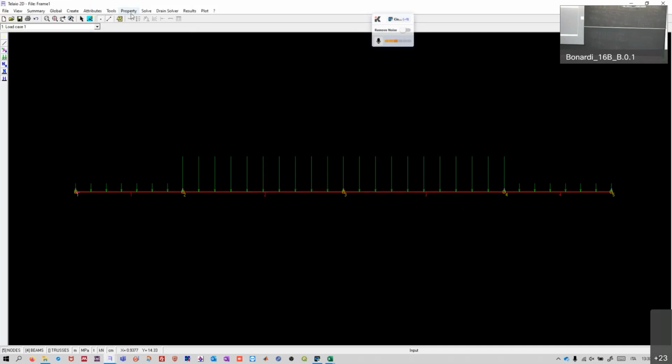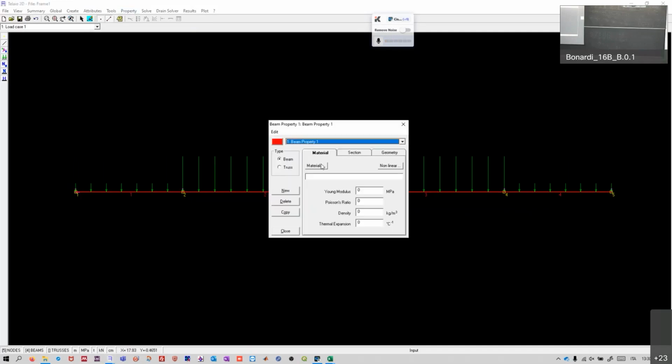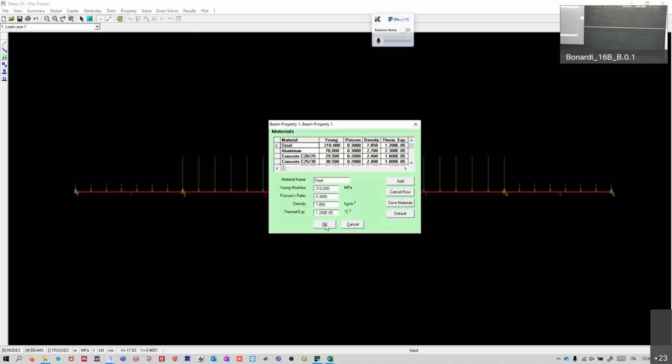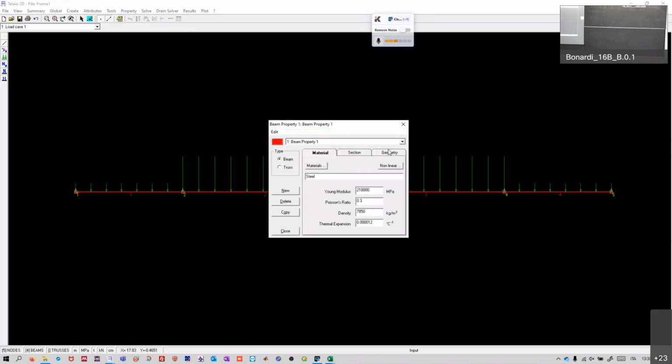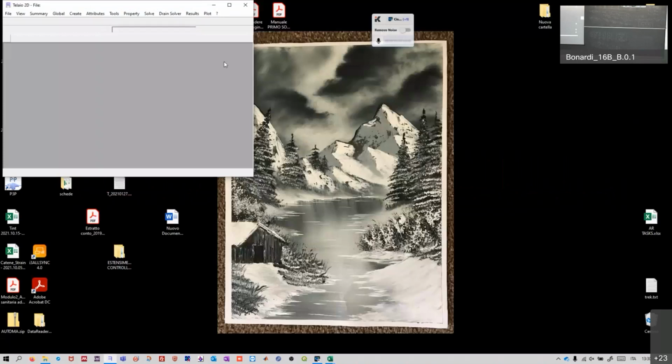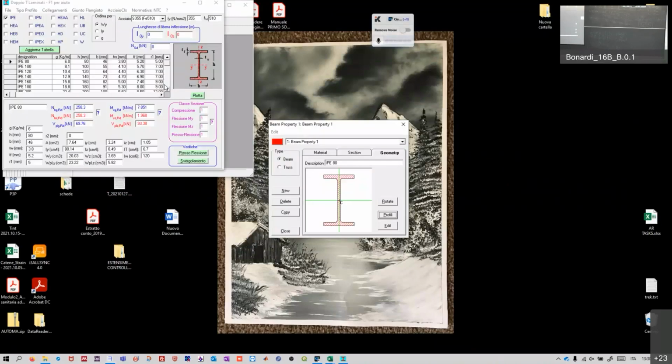We need only to decide a material, for example, steel, a geometry. We select just a random cross-section. Why do we select just a random cross-section, in your opinion?